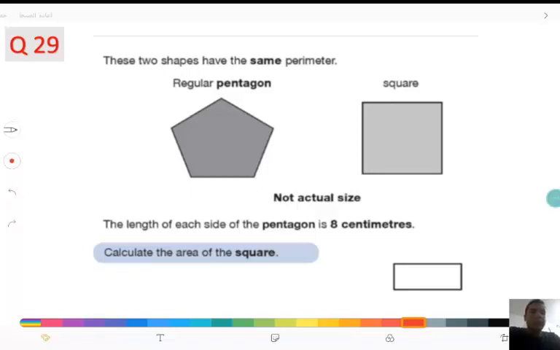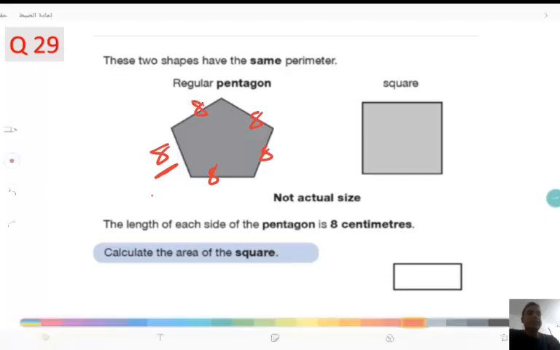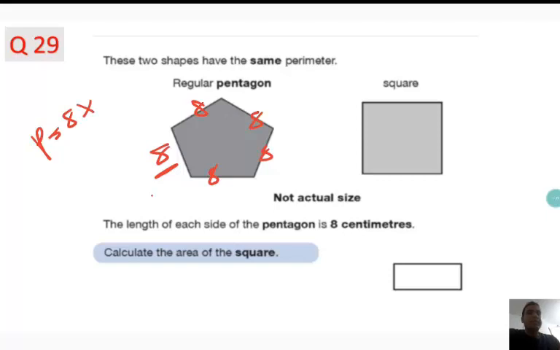These two shapes have the same perimeter, a regular pentagon and a square. The length of each side of the pentagon is 8 centimeters. Calculate the area of the square. If the side length of the regular pentagon is 8, that means all the other sides are 8. So the perimeter P equals 8 times 5, which is 40 centimeters.